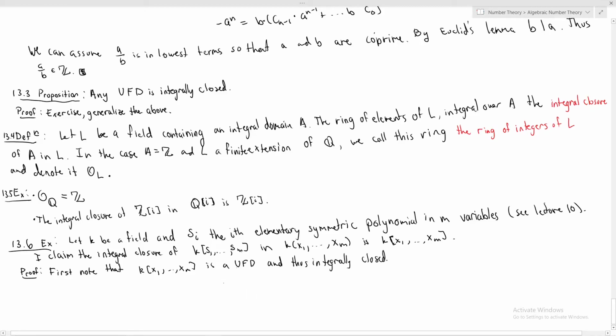So polynomials here, which are integral over K adjoin X1 through Xm, necessarily lie in K adjoin X1 through Xm.